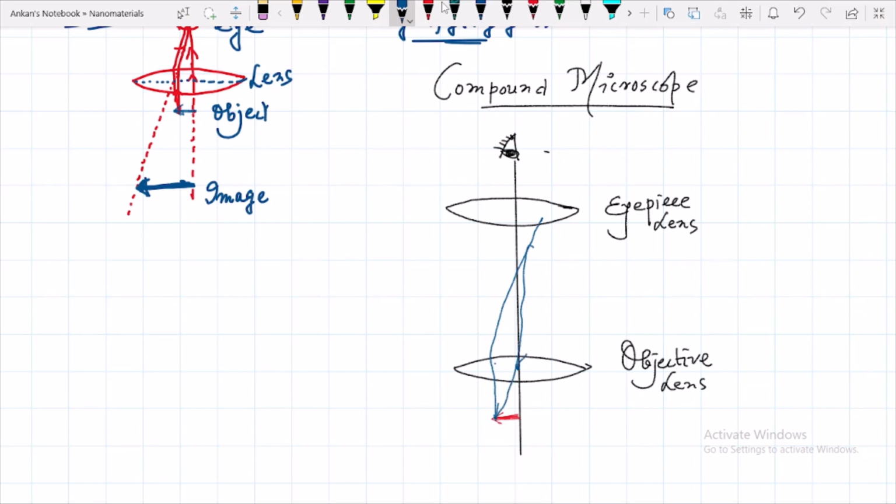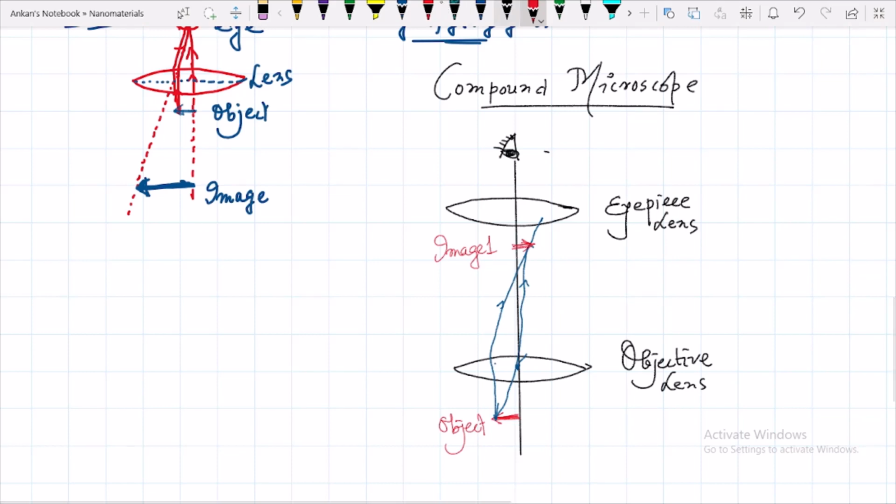This is the optic center. The light rays are not straight, but this should be a straight line. So here we obtain an image which is known as image 1. This is the object. This image 1 corresponds to the objective lens.